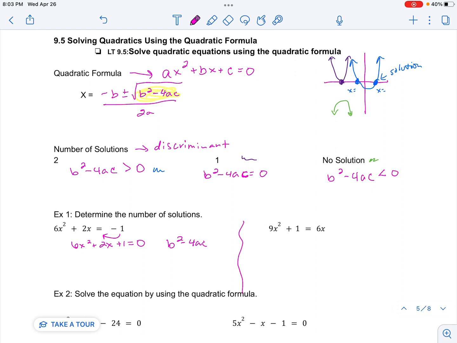I know that a is 6, b is 2, c is 1. So we have 2 squared minus 4 times 6 times 1. I can just punch that right into my calculator and I get negative 20. Negative 20 is less than 0. This is a no solution.